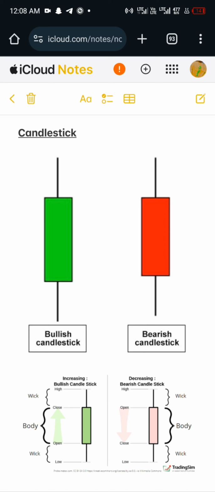So in a case where the green candle we can see in this picture would have been white, yellow, blue, or any other color, as long as the direction is going upwards, or a series of candles, maybe 6 or 7 candles, are going in an upward direction, then they will be referred to as bullish candles.